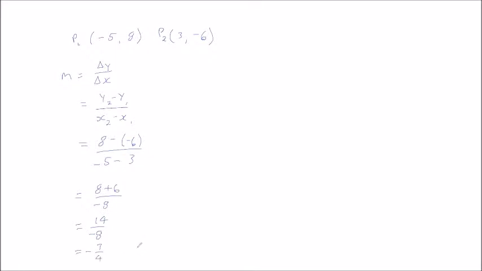Which means that for every 4 units I go to the right in the x direction, the graph is decreasing 7 units in the y direction. This tells us it's a negative slope, which means in general, if I were just to do a quick sketch of this, the graph's going to be going down from left to right.